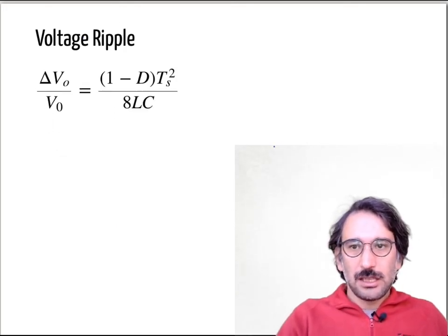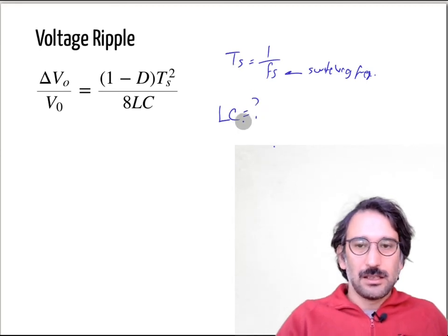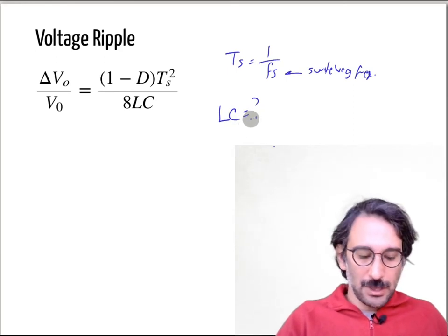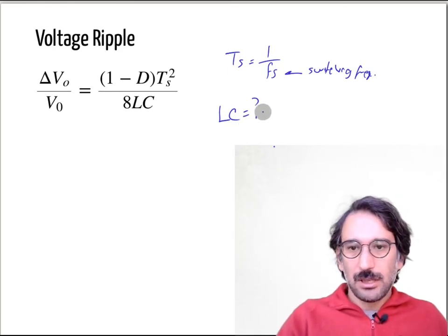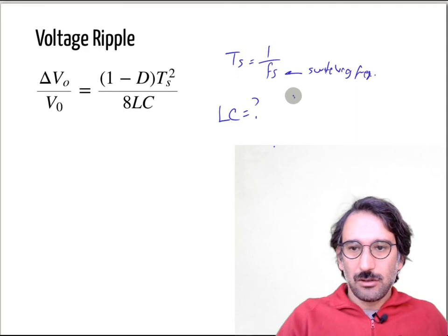For that, we discussed Ts is equal to 1 over Fs, the switching frequency. So what is LC? How can you write LC in terms of the switching frequency or in terms of time? If you remember, there's a time constant of LC, and a corner frequency of the filter.